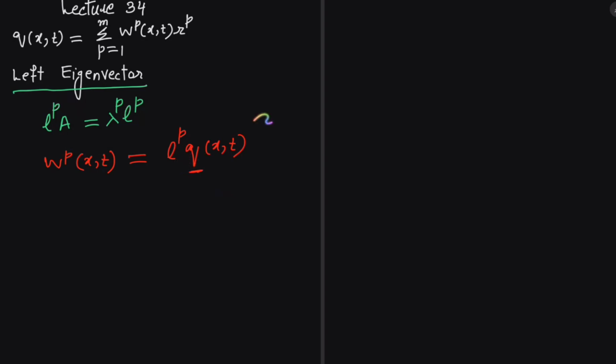So what we do, we put the value of w_p into our previous result over here.